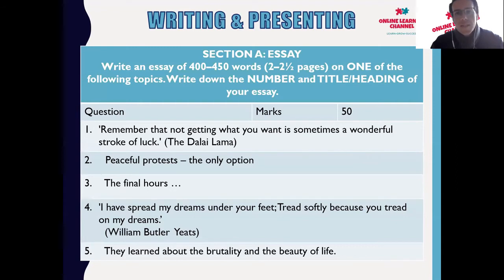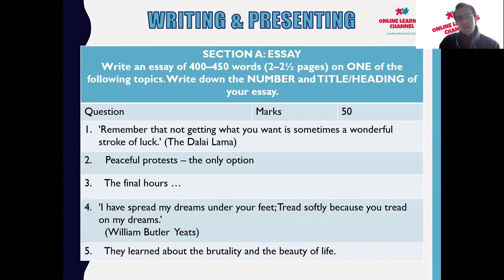Okay, so we're going to be looking at section A first. This is the essay-based section of the paper. Now, your instruction is to write an essay of between 400 to 450 words, roughly speaking, that's 2 to 2.5 pages, on one of the following topics. Okay, so as you can see, you've been given a list of topics to choose from.